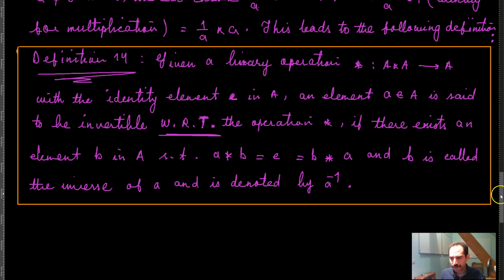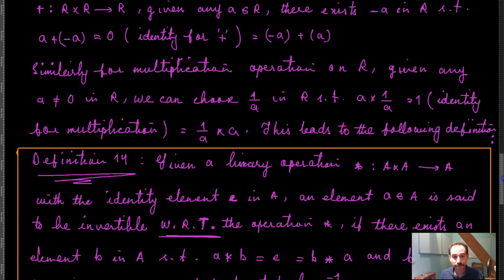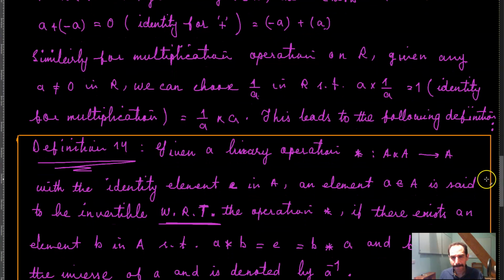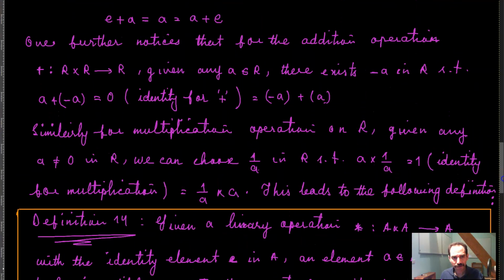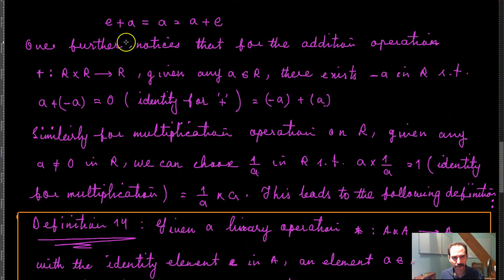So we can use the information that we have here, which says that for the addition operation there exists a negative A in R such that negative A plus A is equal to 0 and A plus negative A is equal to 0.